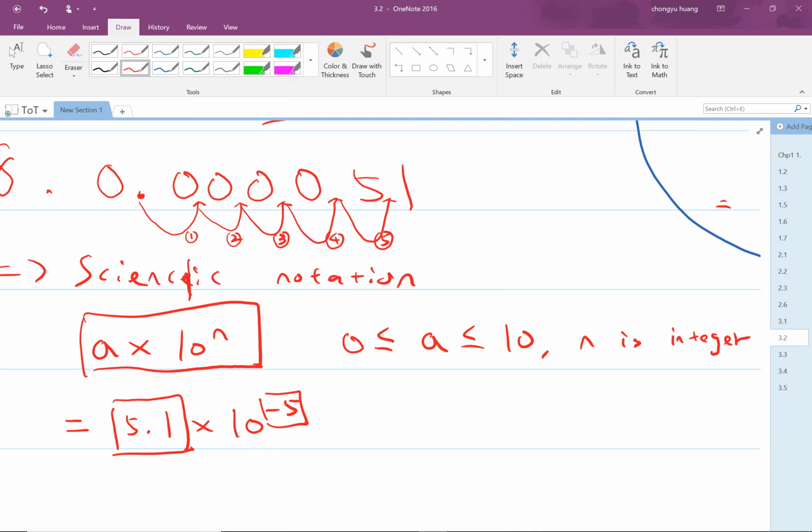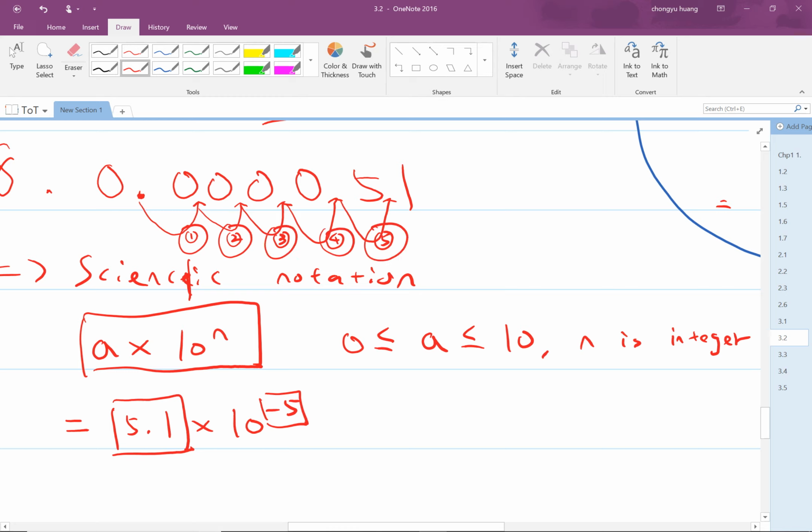So you can also remember this because over here we got n as -5, right? So this is quite reasonable. 1 over here, 2 over here, 3 over here, 4 over here, 5 over here.